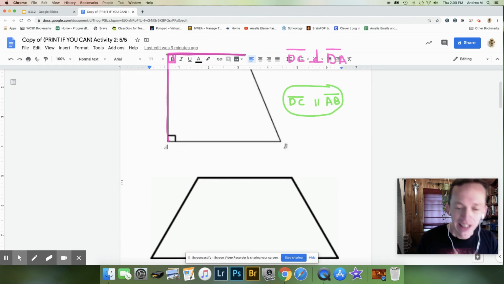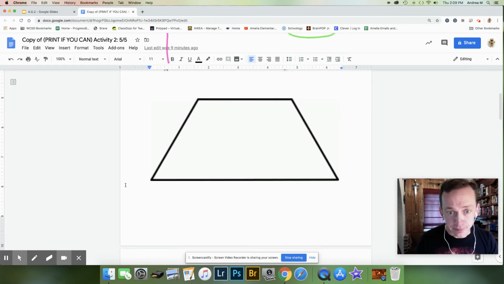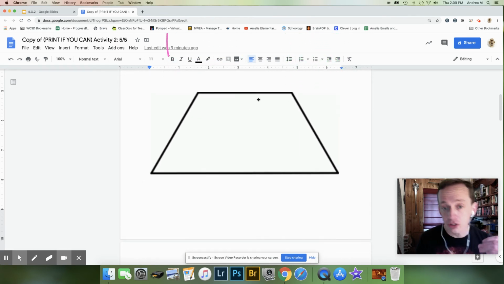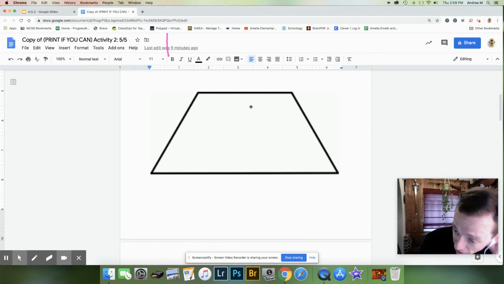All right, now if we look down at this one, I used this one yesterday when we were talking about parallel lines, but do you see any perpendicular lines here? Talk to the screen if you want to. Do you see any perpendicular lines, boys and girls? No, we don't.